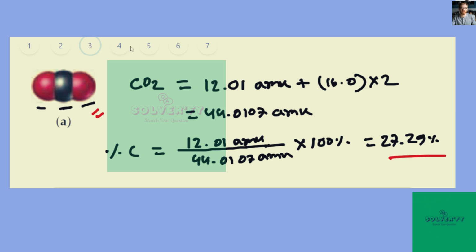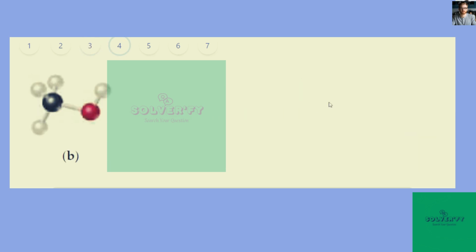Then I move to our next problem, where again this black sphere is carbon, this red sphere is oxygen, and our white spheres are hydrogen. We have four hydrogen present.